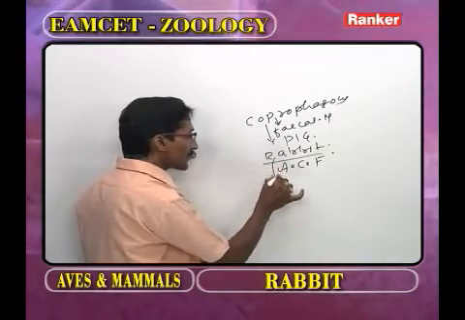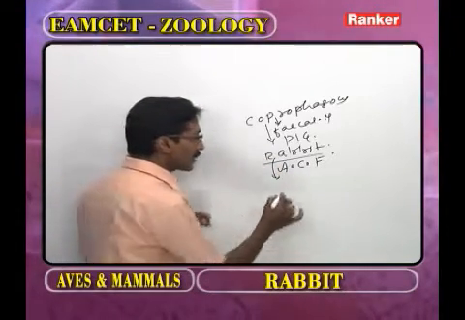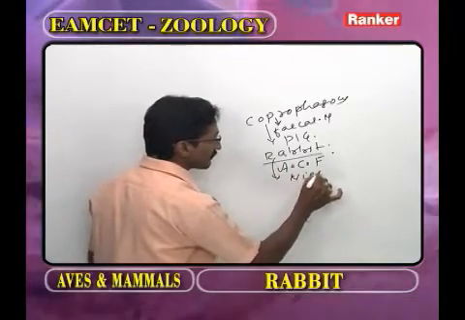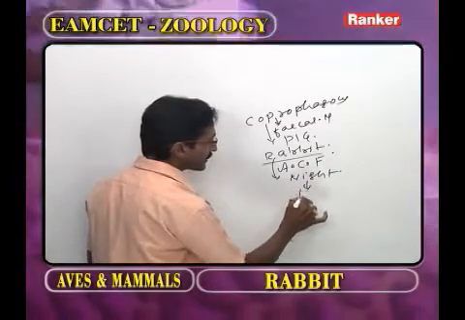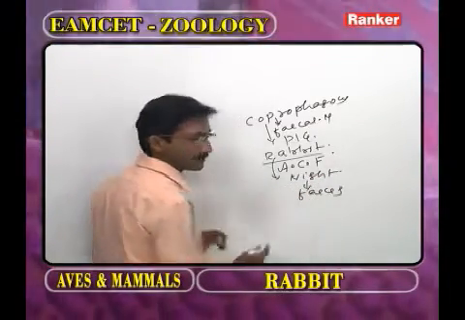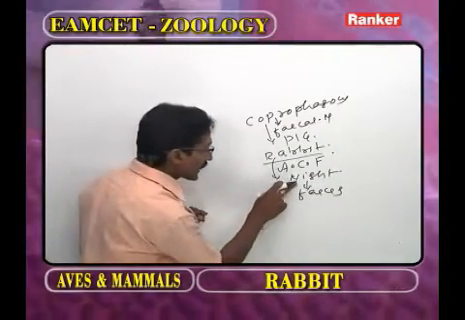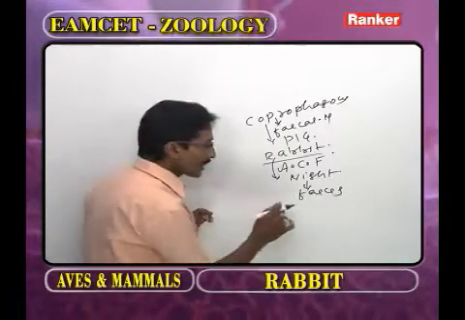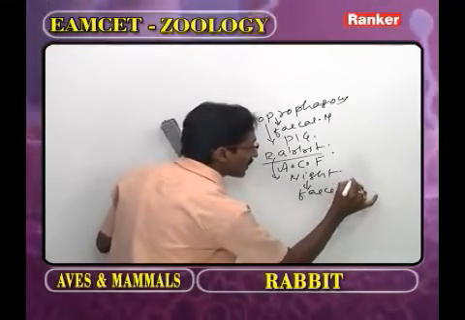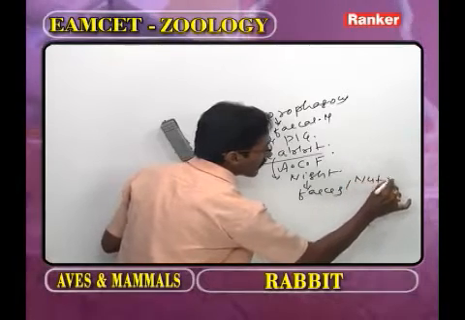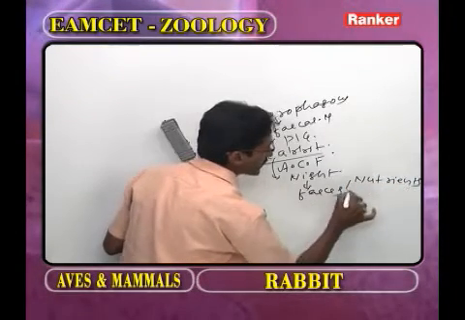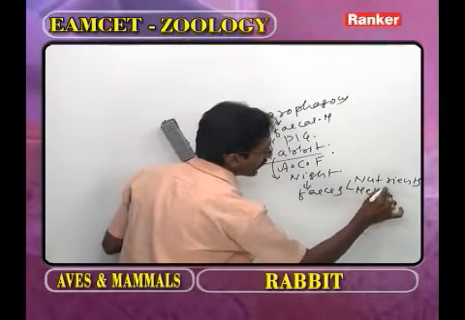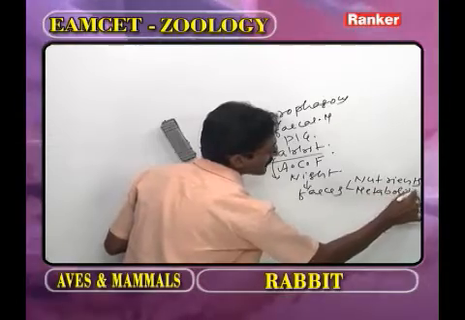As we observe the life history of rabbit, during the night time, the rabbit releases the fecal matter. Now in the fecal matter, what are present? Some important nutrients and some metabolites are present.